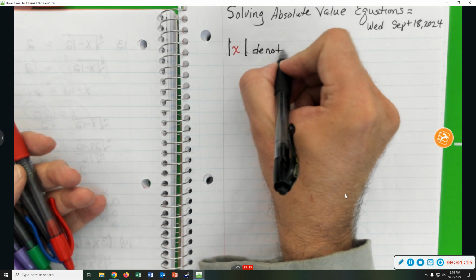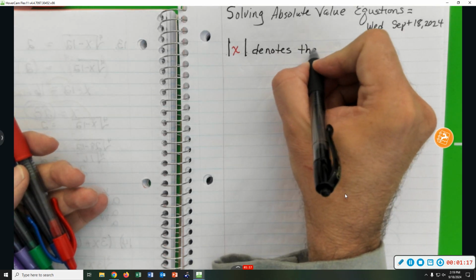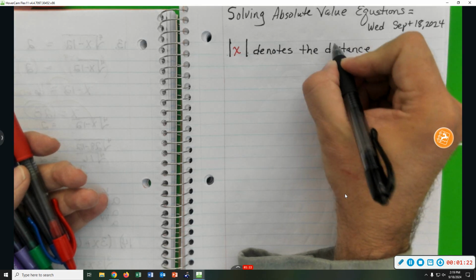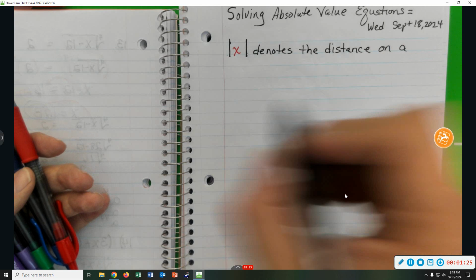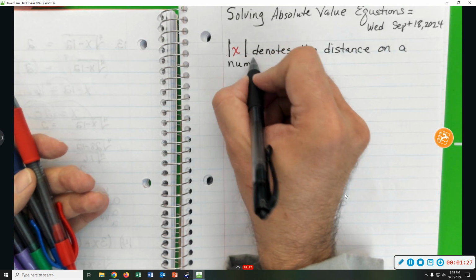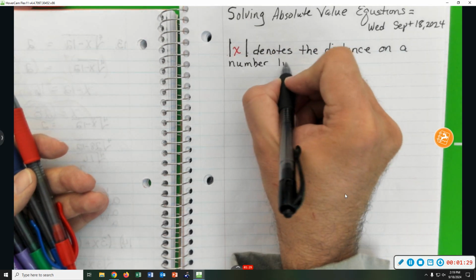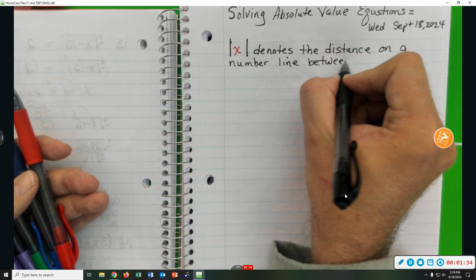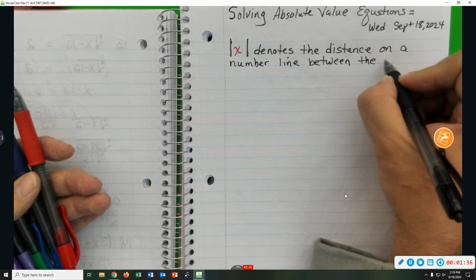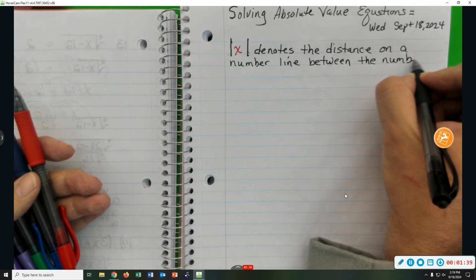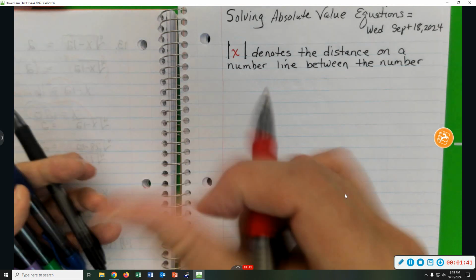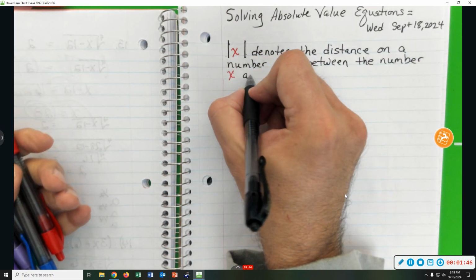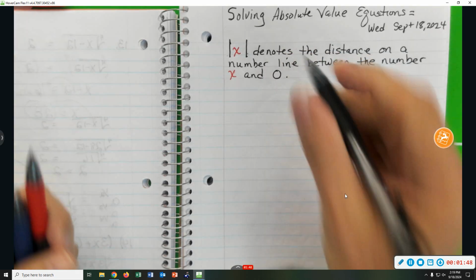It denotes the distance on a number line between the number x and 0. So it's the distance between the number x and 0 on the number line.